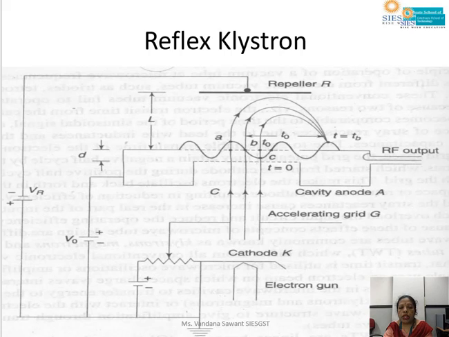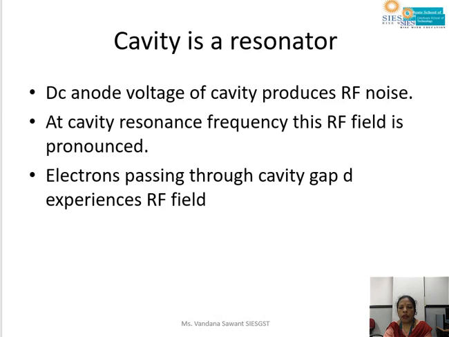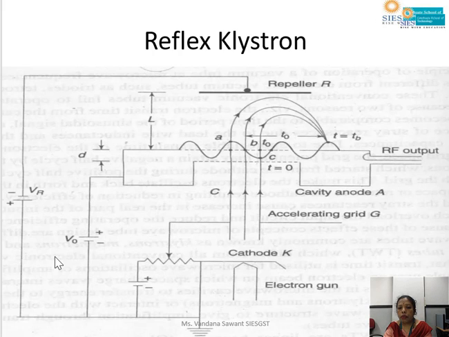Okay, now we will see what happens inside this cavity. The cavity is supplied with a high positive voltage. Because of some noise which is present, a small AC signal will get generated inside this cavity.